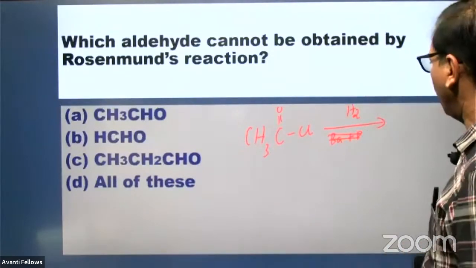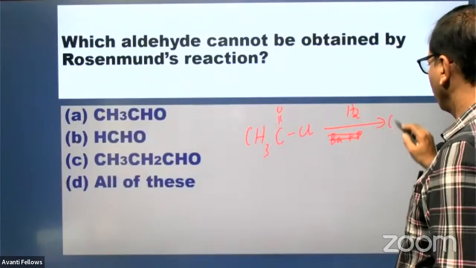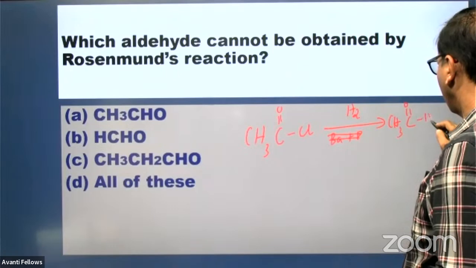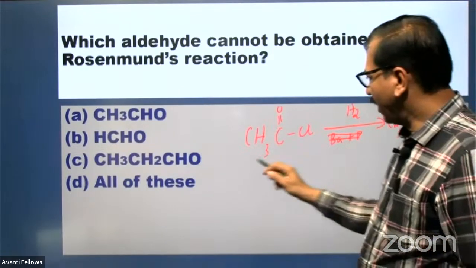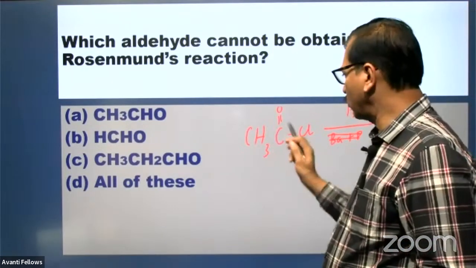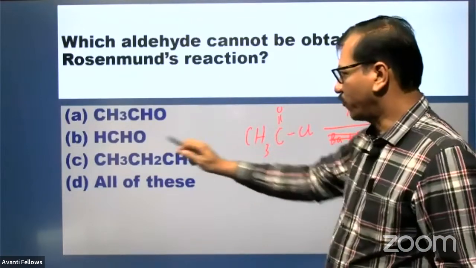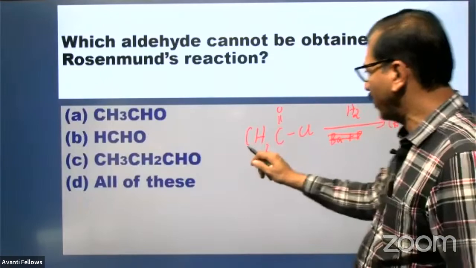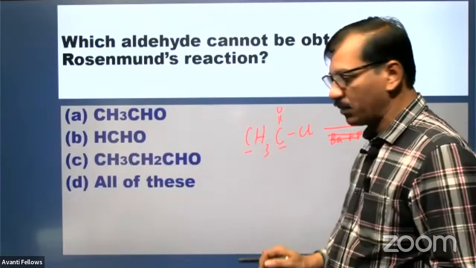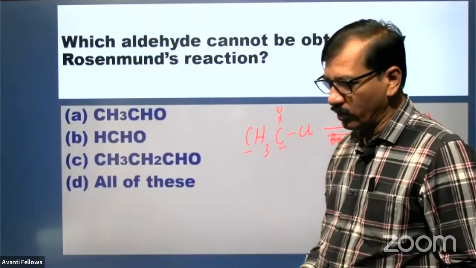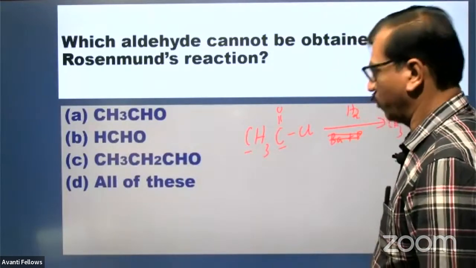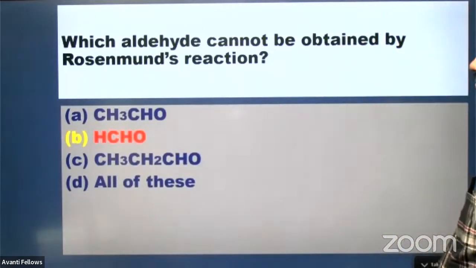Palladium and barium sulfate will give CH3CHO, so for acyl chloride, this is needed. HCOCl doesn't react. Therefore, HCHO cannot be prepared. The minimum number of carbon atoms required here is 2. Therefore, HCHO cannot be obtained.